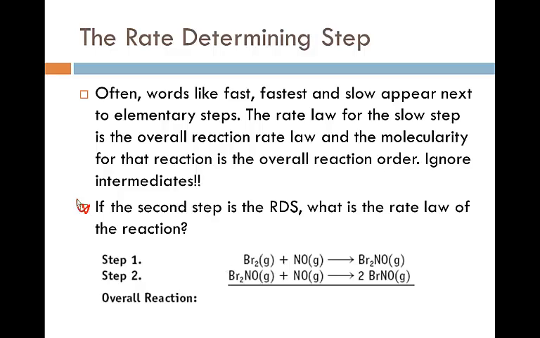So as this particular bullet point indicates, let's say the author of the question tells us that the rate determining step is the second step, or step 2. What that automatically tells us is a bunch of information.